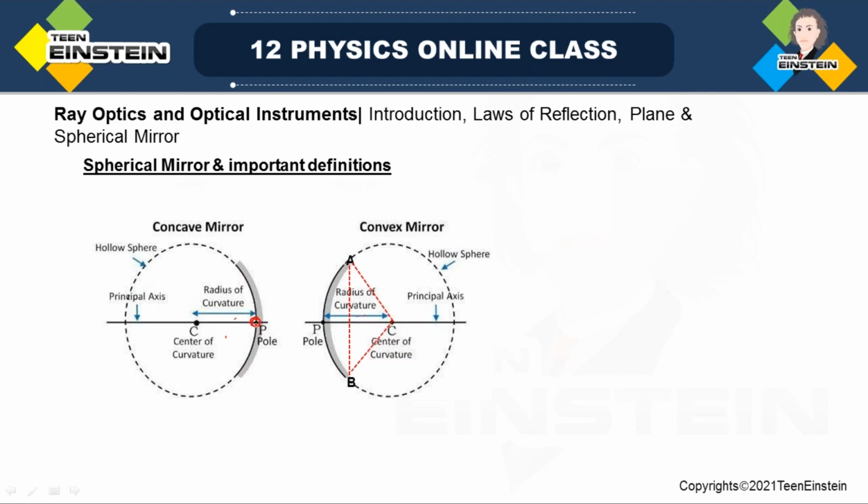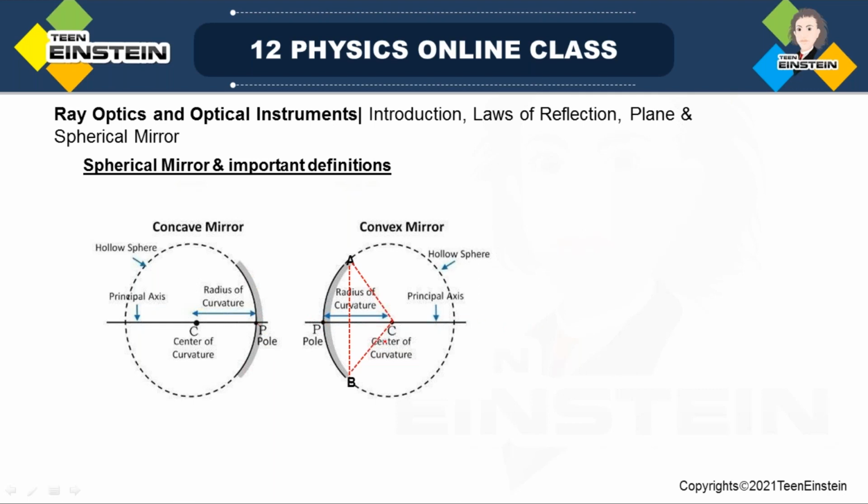See the middle portion, the middle point of the mirror. If I take this as a mirror, then this point is called the pole, denoted by P. The middle point of the spherical mirror is called the pole.